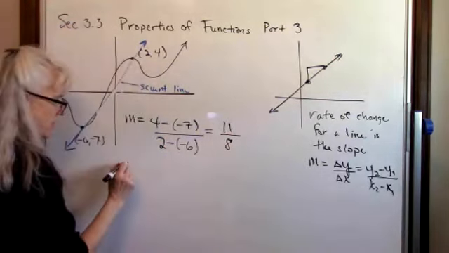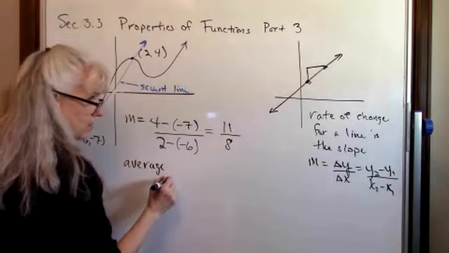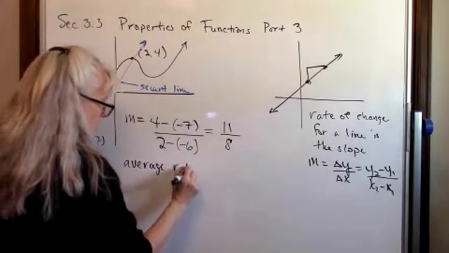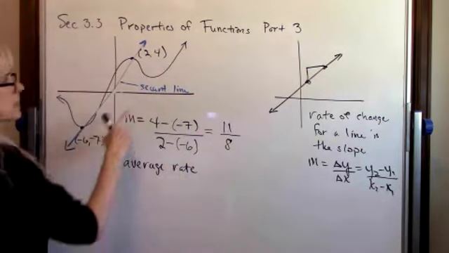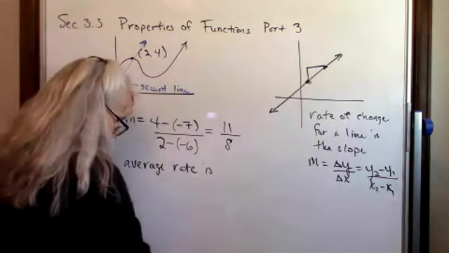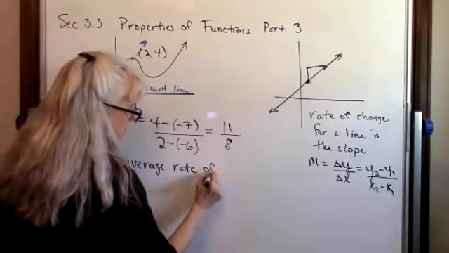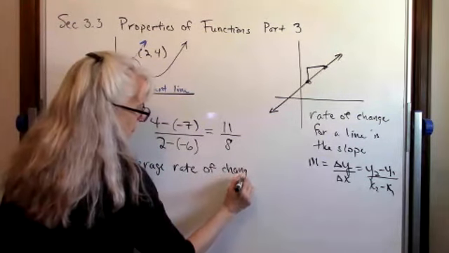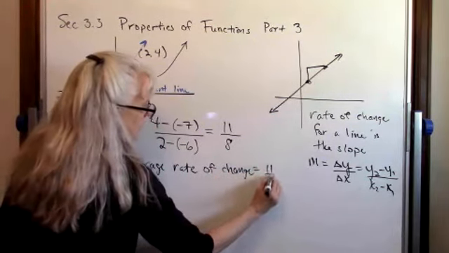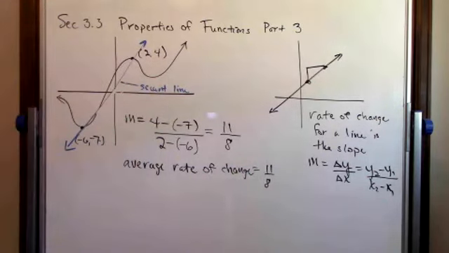So the average rate of change of this non-linear function, as you travel from an x value of -6 to an x value of 2, would be 11 over 8. Talking and not writing sometimes just does not work.